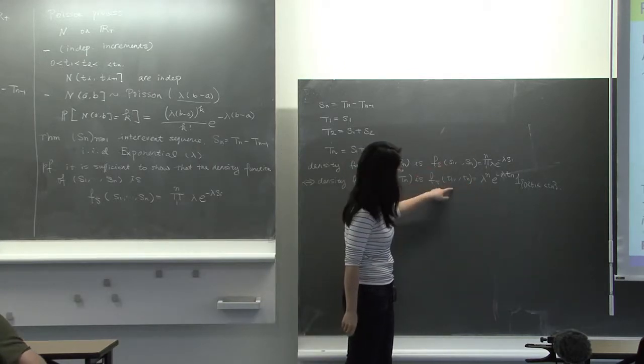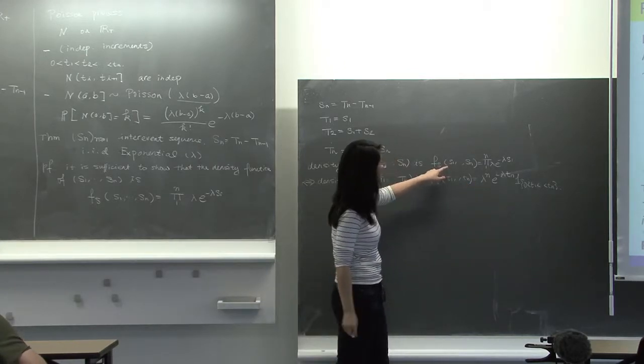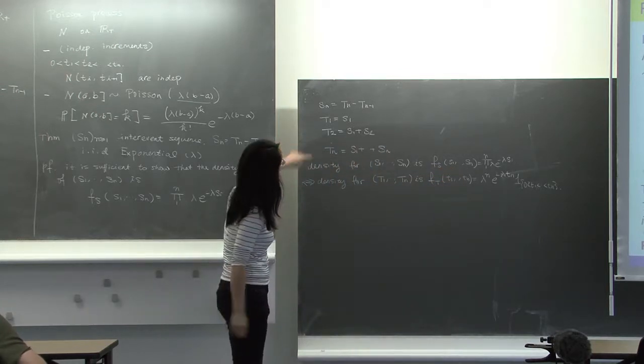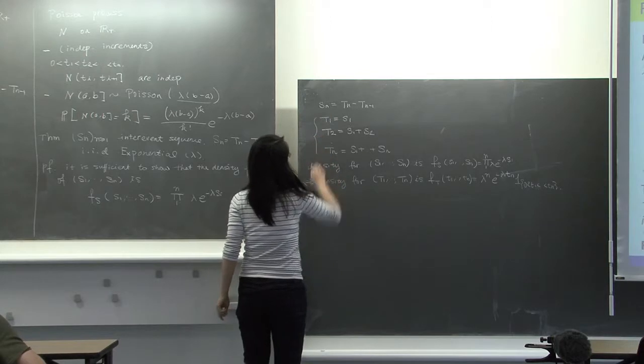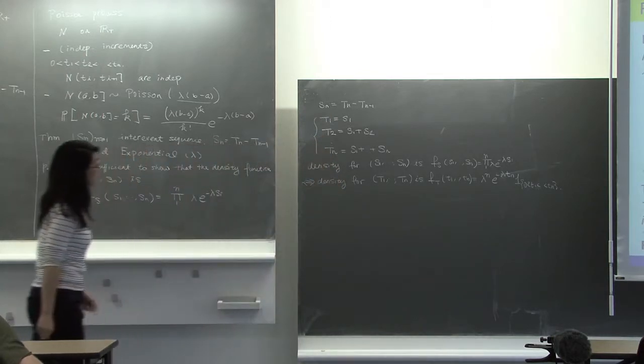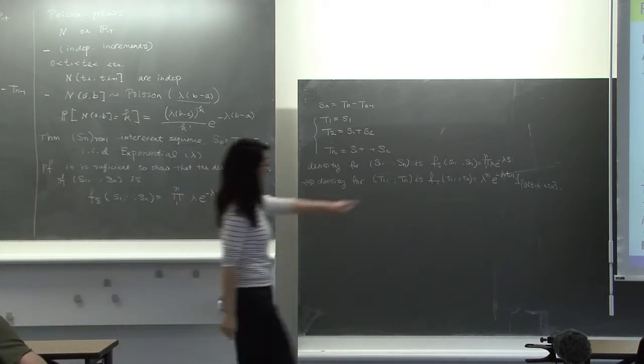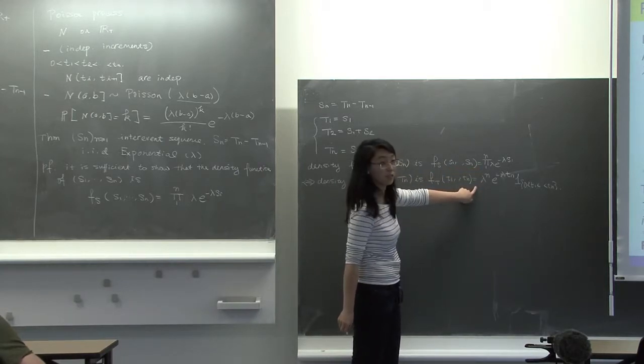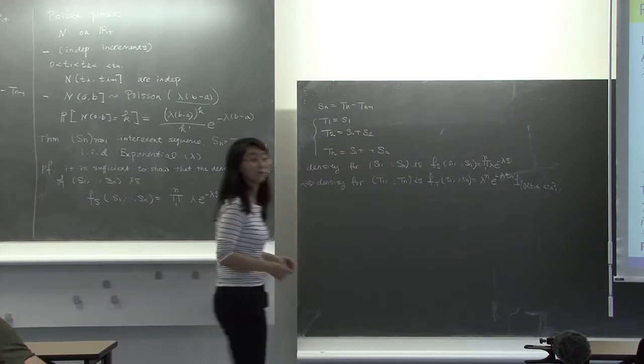So there is a one-to-one correspondence between S1 to Sn and T1 to Tn, and here is the change of variables law. So to check the density for S is given by this, it is equivalent to say that we need to check the density for Tn is given by this density function.